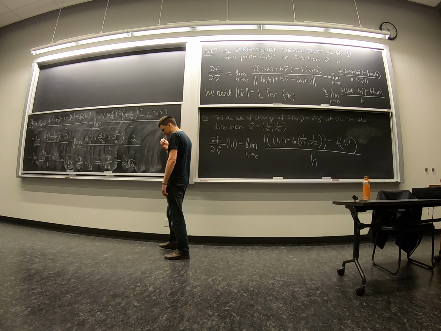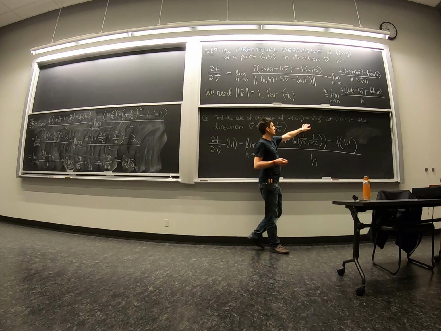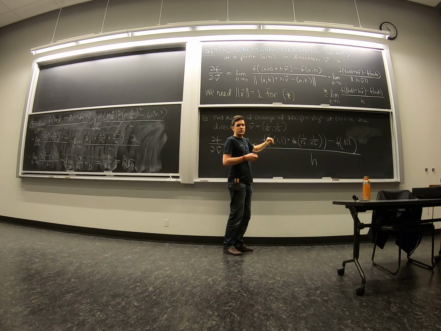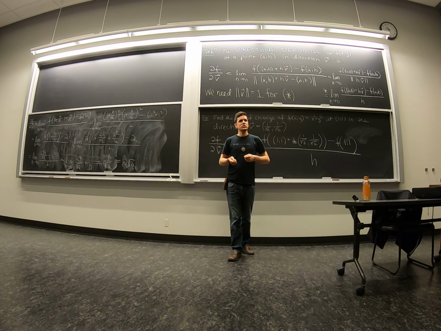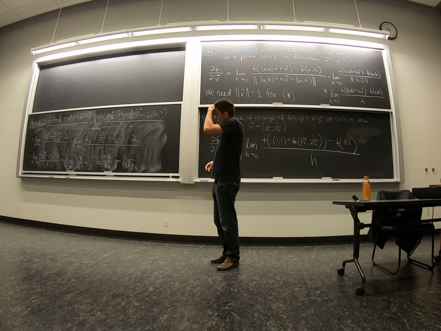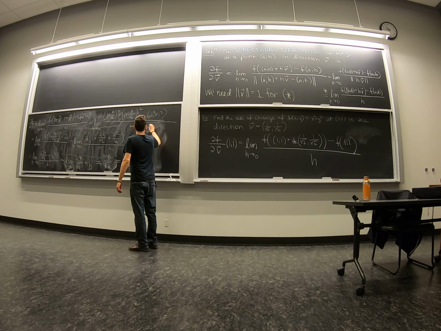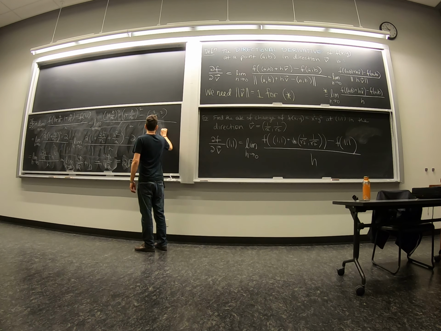So what does this number represent? If we were a little ant standing on the graph of this guy, and we walked in this direction, we would experience a particular slope, a particular rate of change, right? And notice that this rate of change is different. If we took the derivative in the direction x, we get 2.